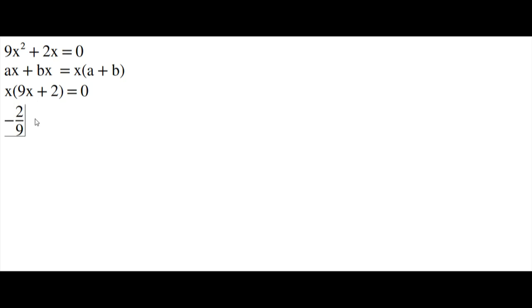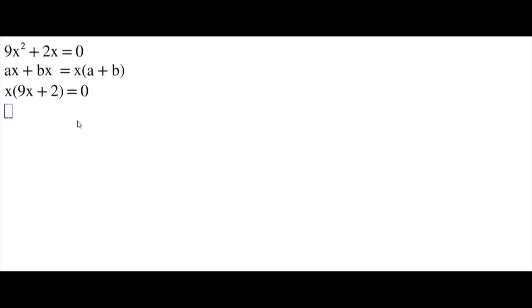Negative 2 plus 2, you already know is 0. So your result will be negative 2 over 9 times 0, and you're bound to end up with 0. And that's actually a valid answer.